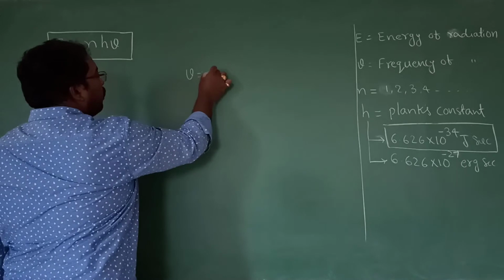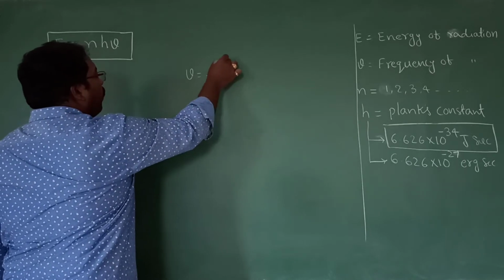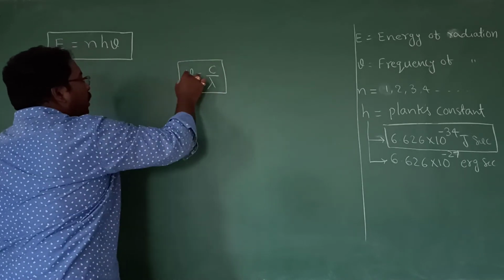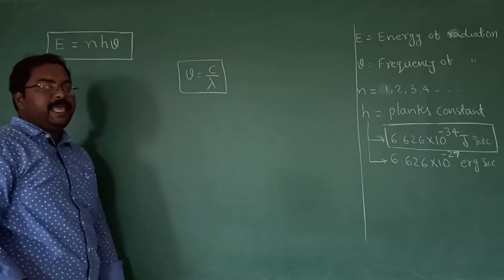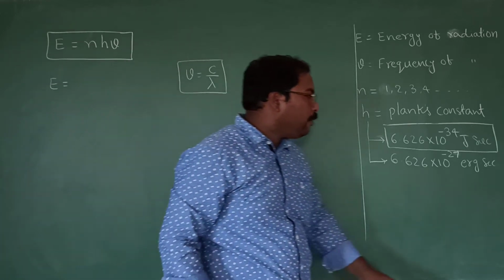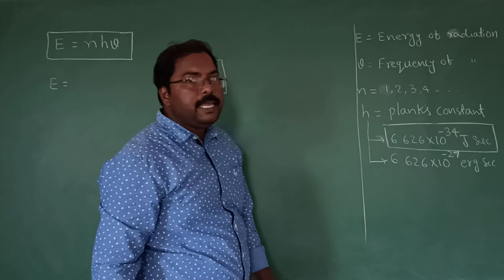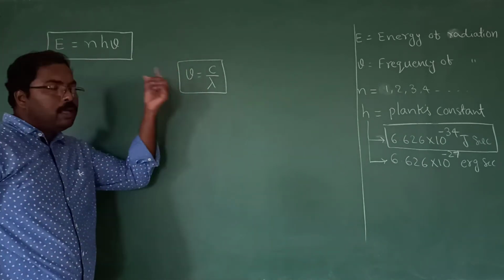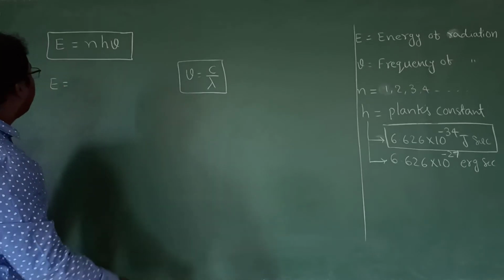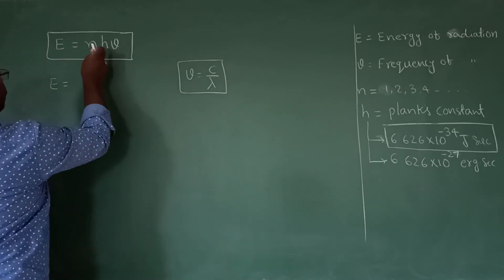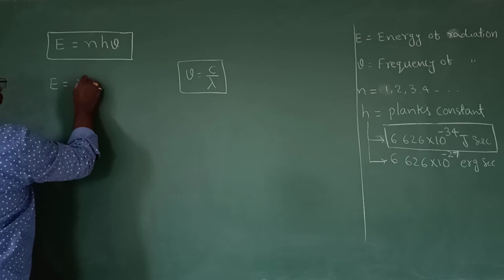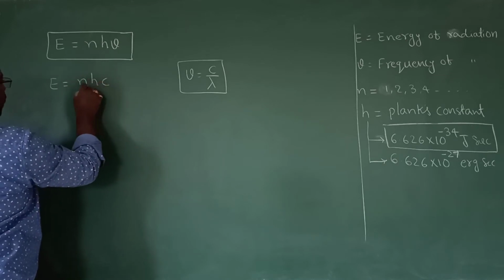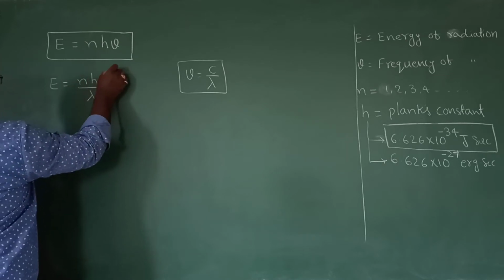Mu can be written in the form of wavelength also, like mu is equal to c by lambda. But what is meant by c? C means velocity of the light. Even we solved numericals also. Now if you substitute this in the formula, it will become E is equal to hc by lambda.